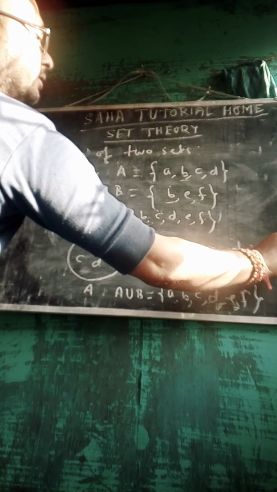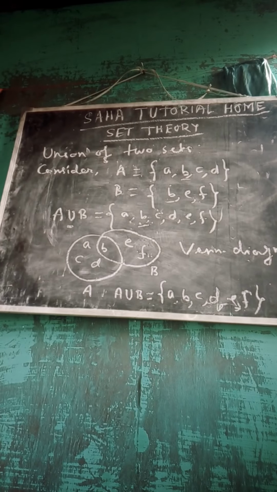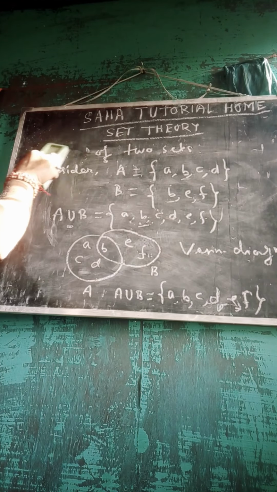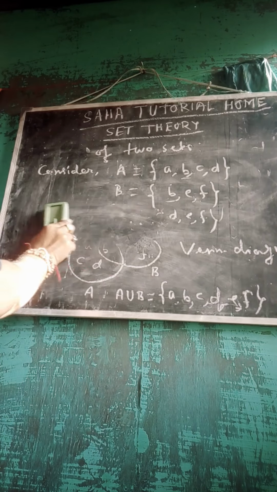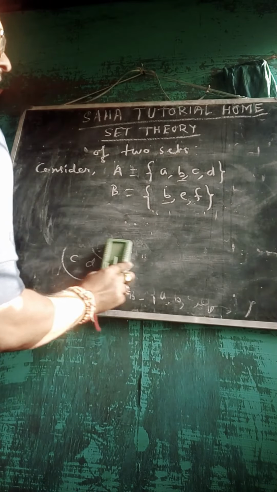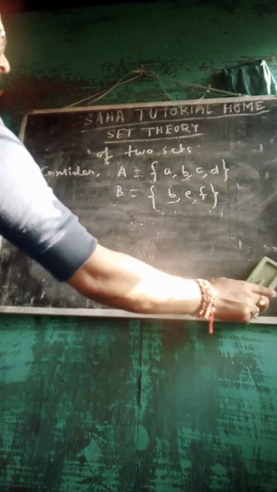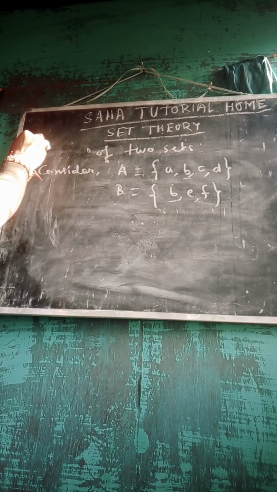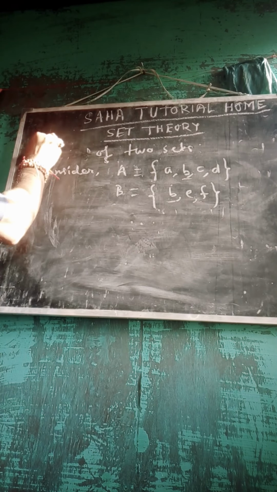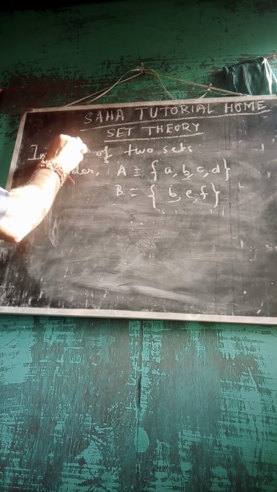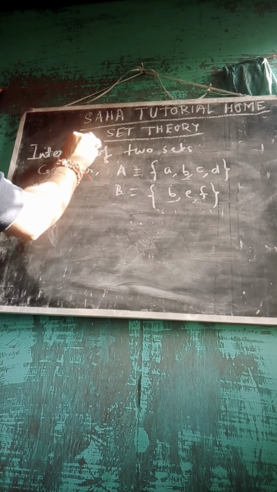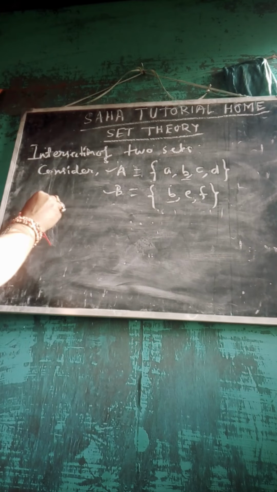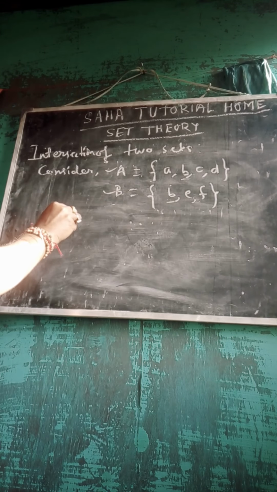We will discuss more things. What is the intersection of two sets? We again consider the sets A and B in this way, and the intersection is denoted in this way.